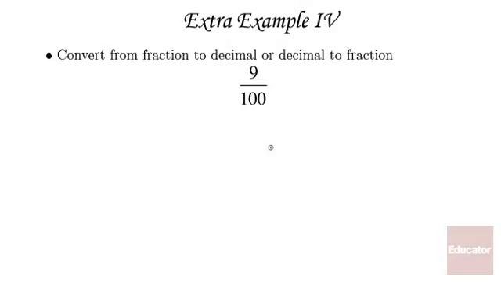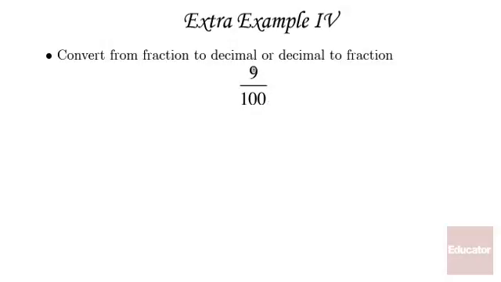So this fourth example here, I have a fraction and I'm going to convert this into a decimal. Now, this top number tells me how many I have, and this bottom number tells me how many out of 100 I have, or how many out of $1 I have. So if I have 100 parts to make $1, what do I have? I have the penny, right? Because 100 pennies equals $1.